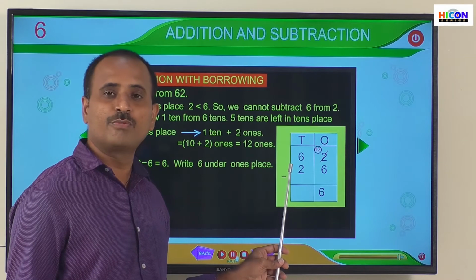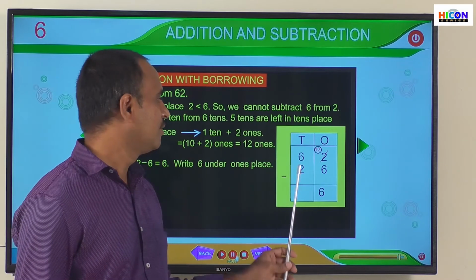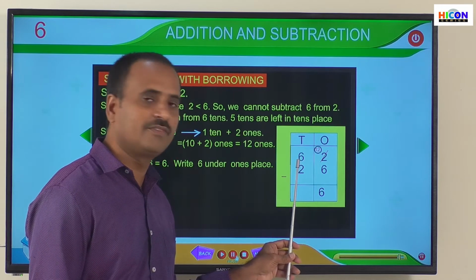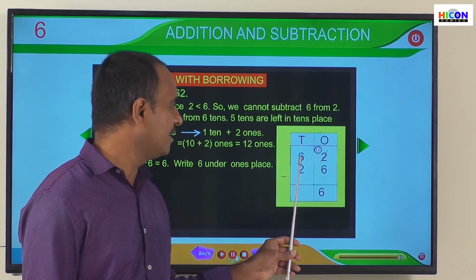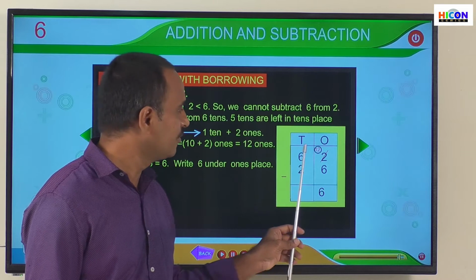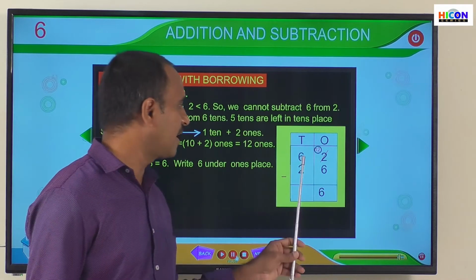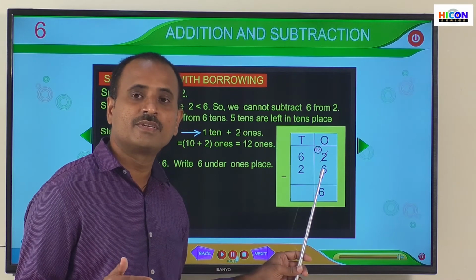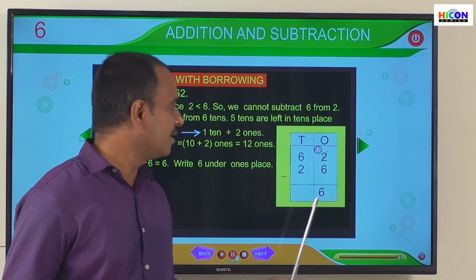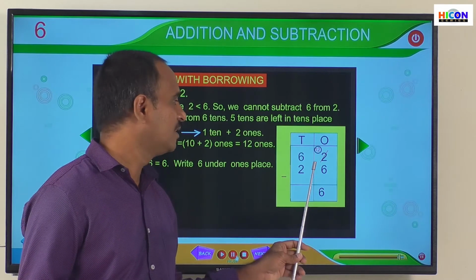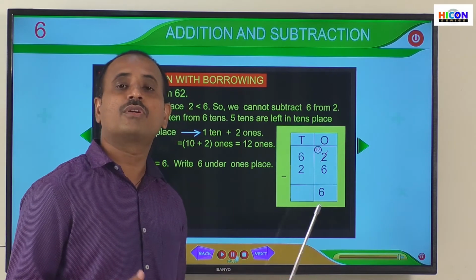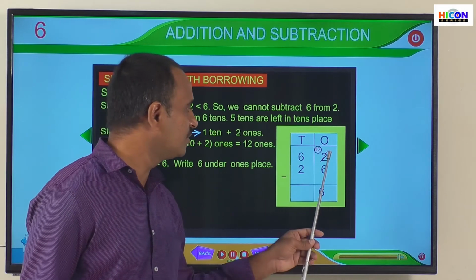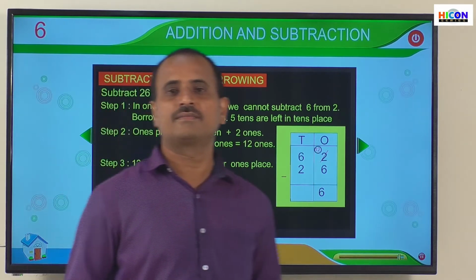Take borrow 1 ten from 6 tens and carry that 1 ten to the ones place. That becomes 10 ones. Already there are 2 ones, children, and with this 10 ones the total becomes how many ones? 12 ones. So strike off this 2 and write 12 here.